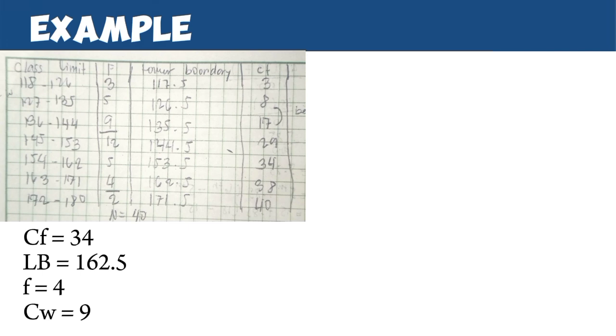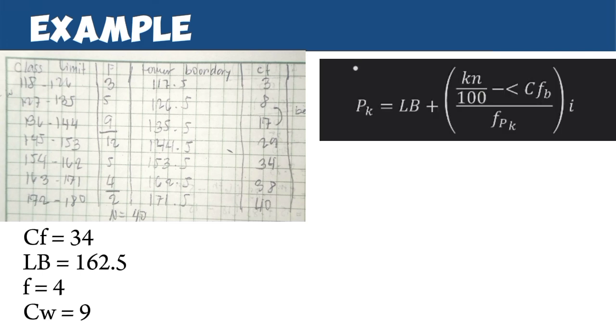Now we were gonna solve the percentile 95. So here's the formula. Percentile is equal to lower boundary plus kn over 100 minus cumulative frequency over frequency divided by class width.